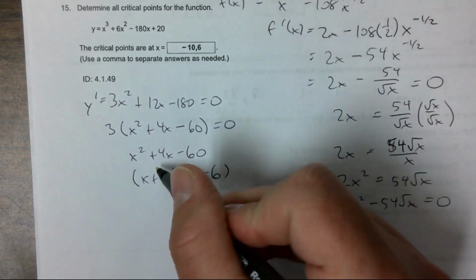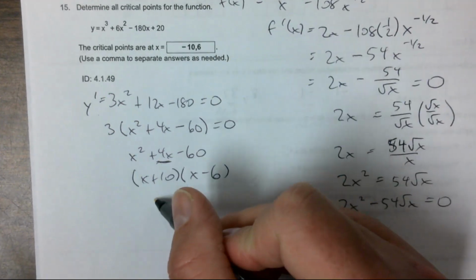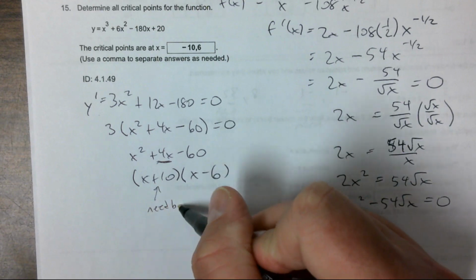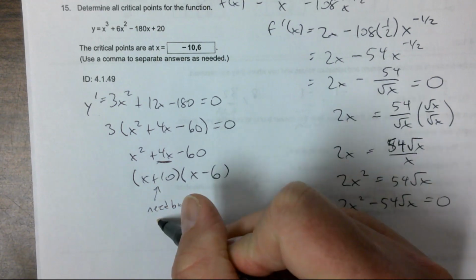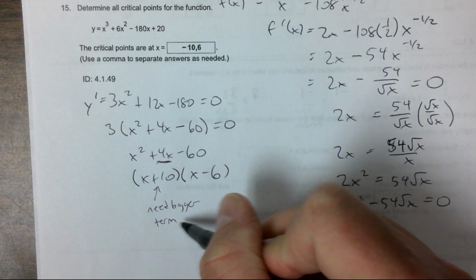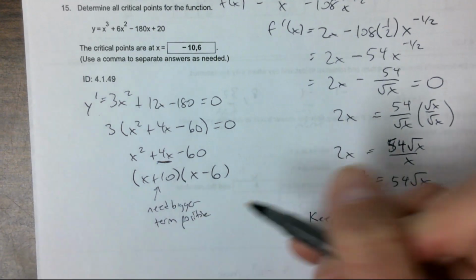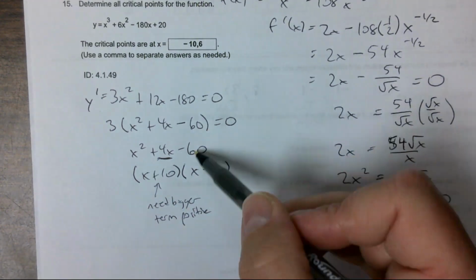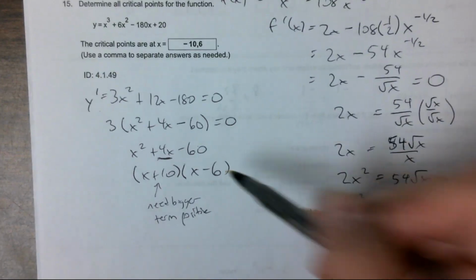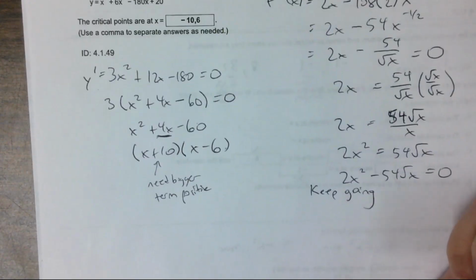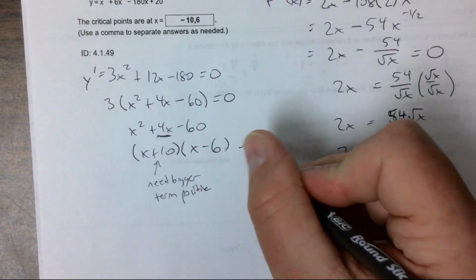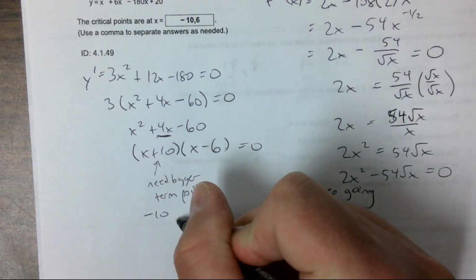Because based on this, we need the bigger term positive. And if we have a negative 60, one has to be positive, one has to be negative. Now, you can set that equal to 0, so then your answer is negative 10 and 6.